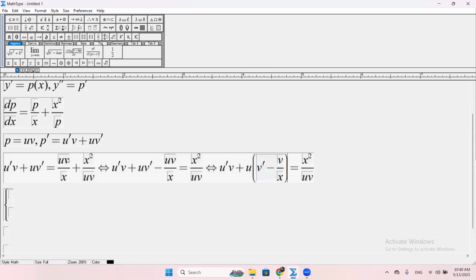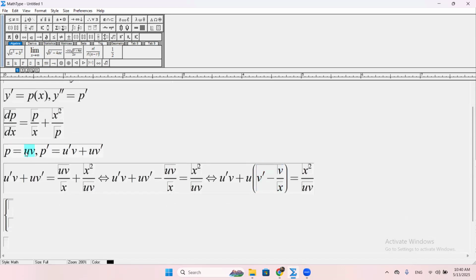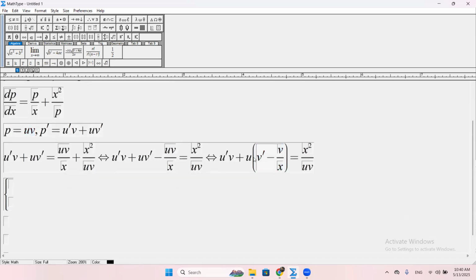Actually, the idea of Bernoulli's method, just reminding you, is that I consider the function to be a product of functions u and v, and then I extract u, and I suppose that this part equals 0. If this expression equals 0, it means that u prime v equals x square over uv.